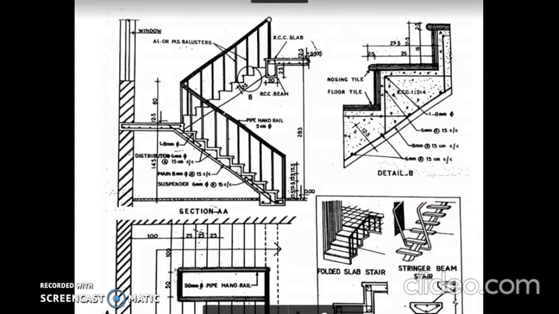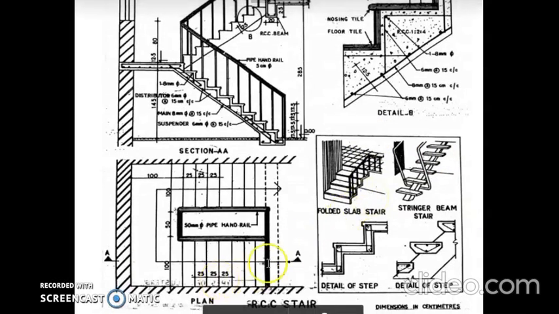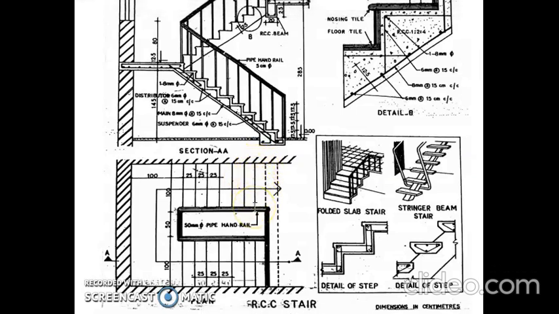And if this first flight engages and turns the second flight and it moves to the upstairs, this vertical line shows the last step on the last rise line of the second flight, and to this point the flight ends, and this portion is a slab portion.